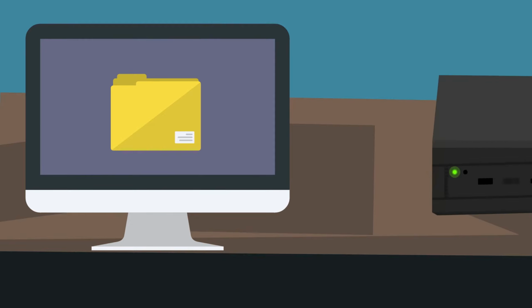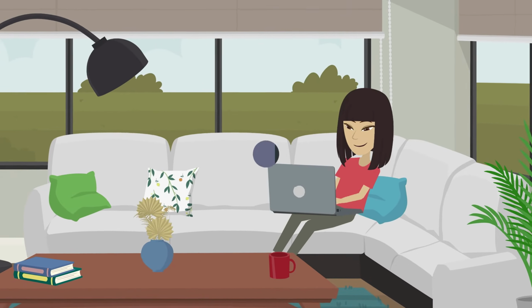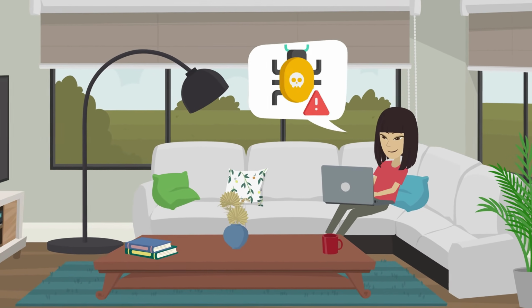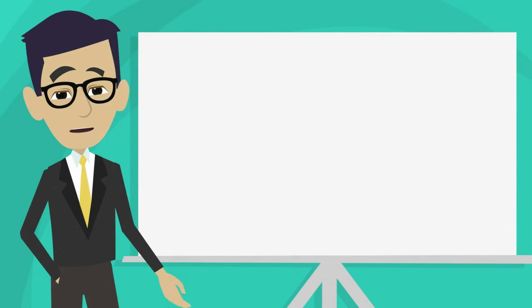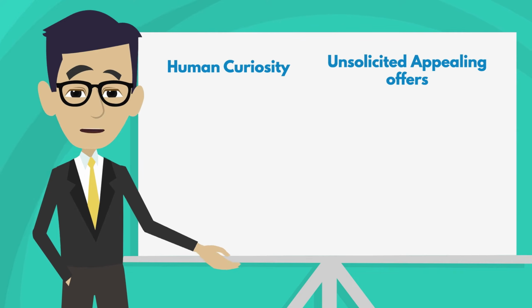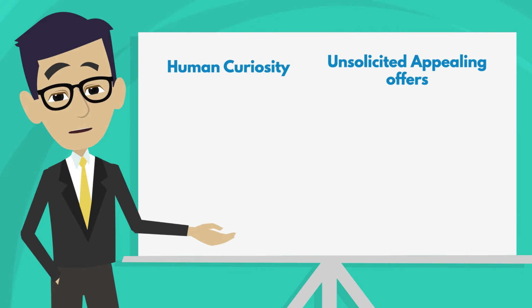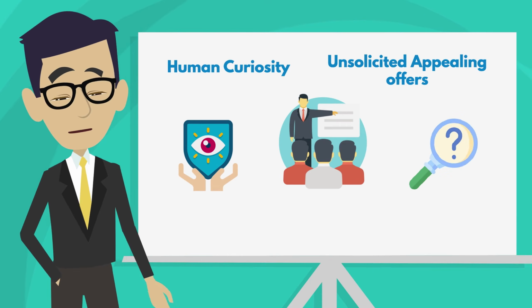The bait can also be a valuable digital file or even a physical device like a USB drive. The bait ultimately lures victims into the installation of malware when accessed or downloaded. Since baiting attacks rely on human curiosity and unsolicited appealing offers, the best way to avoid this attack is educating users, vigilance, and skepticism.